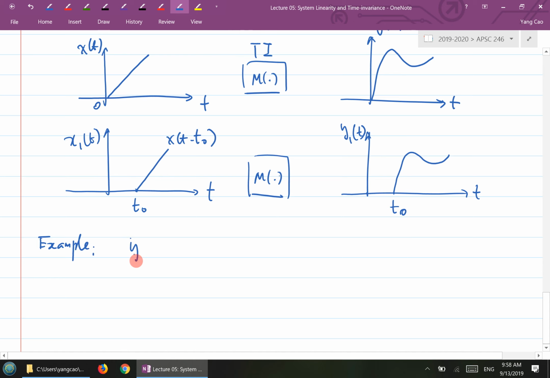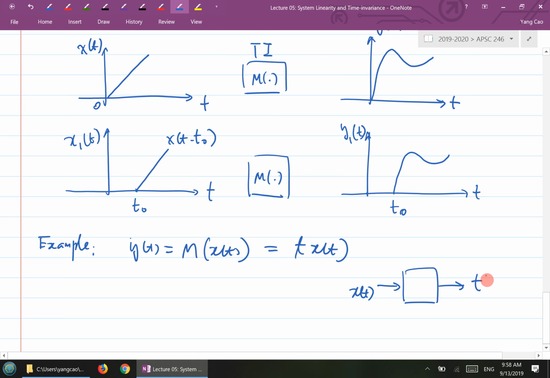Let's see, I have a system which is y of t equal to t times x of t. Not sure what's exactly going on within the system, but if you give your system input x of t, it will spit out t times x of t.